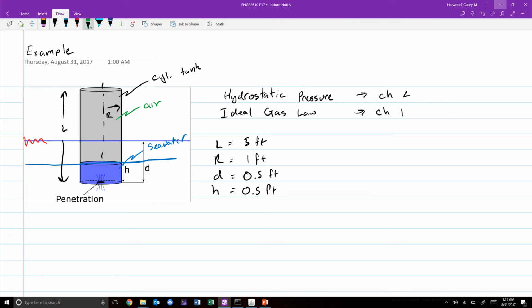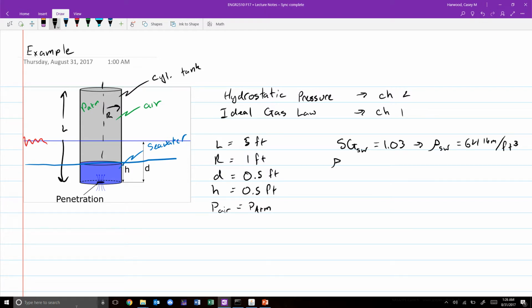At the start of the dive, we can assume that the air within the tank is at atmospheric pressure, right? So we'll say that P air is equal to P atmosphere. We're given that the specific gravity of seawater, right, is equal to 1.03, which we can use to compute that rho of seawater is 64 pounds mass per foot cubed.